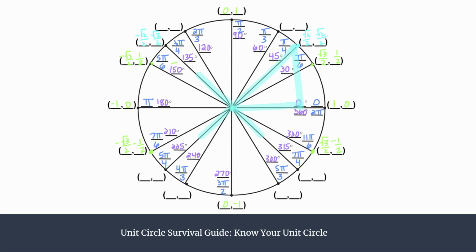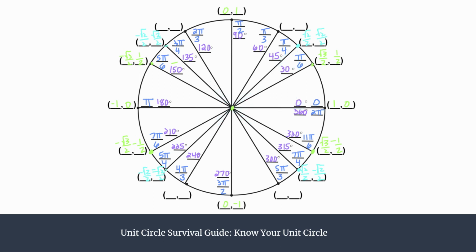When we move to our third quadrant angle, the 5 pi over 4, or 225, both are negative because we went left and down. And then in the fourth quadrant, 315, or 7 pi over 4, must be positive root 2 over 2 for the x, and we went down to get to that point right there. So negative root 2 over 2.